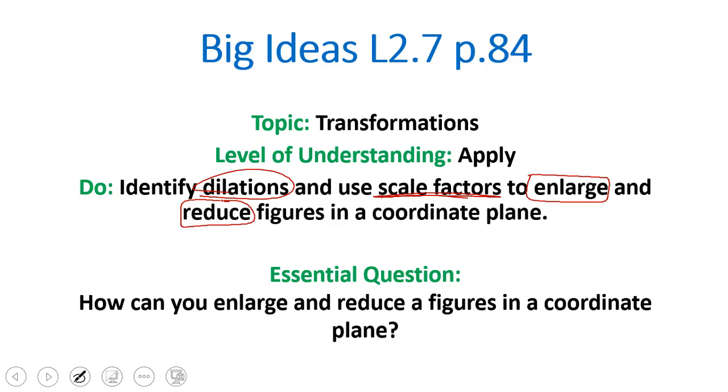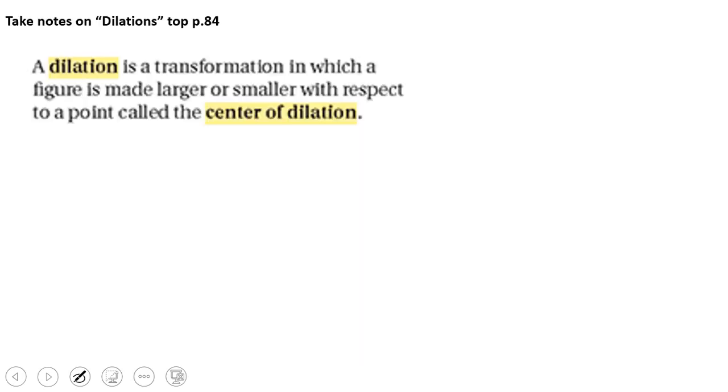Because I know that you have read pages 84 and 85 and taken notes, you already understand that when we dilate something, we are making it larger or making it smaller. Some of you who have been to the eye doctor before may have had your pupil dilated.